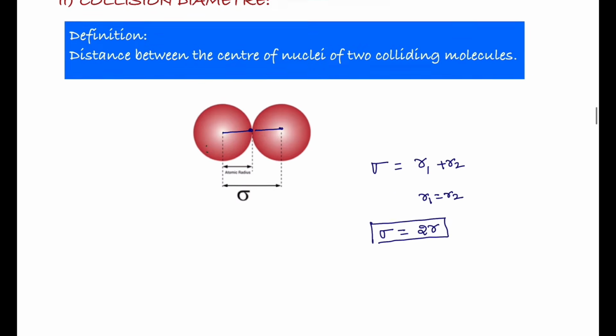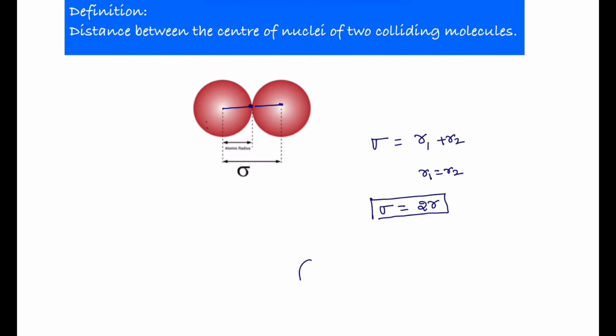If two molecules belong to two different gases, for example, molecule 1 belongs to gas A and molecule 2 belongs to gas B, you can see, since these are molecules of different gases, their sizes, meaning radius, are different. In that situation, the radius of the first molecule is not equal to the radius of the second molecule. Therefore, sigma, the collision diameter, is equal to R1 plus R2.